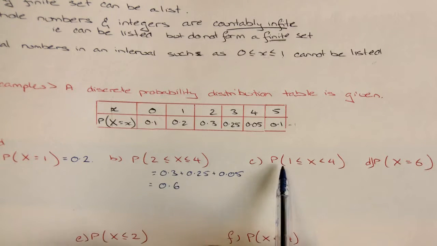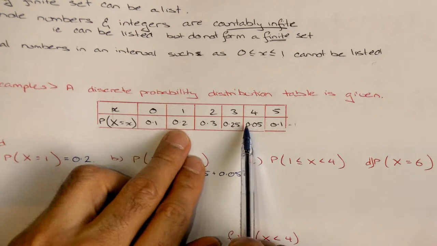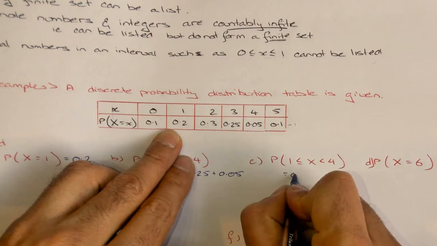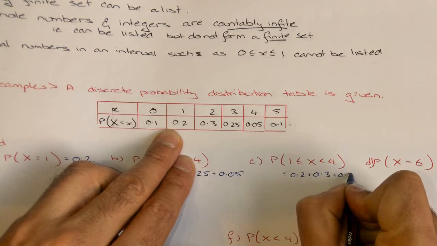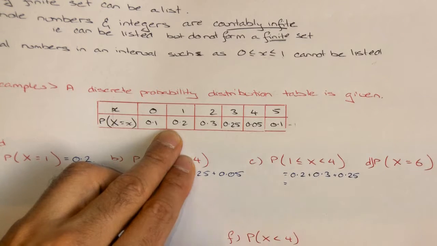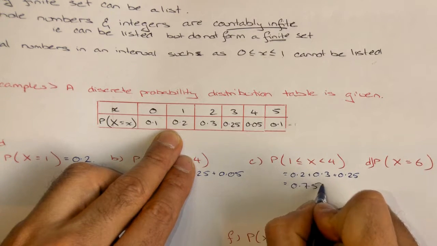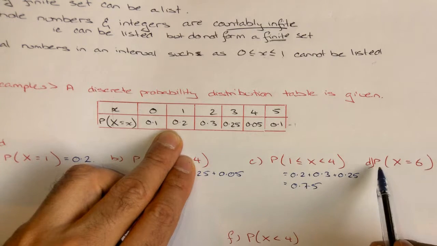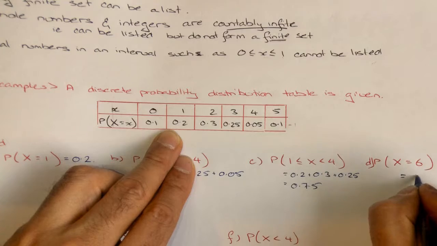If we want the probability of the value being from 1, including 1, all the way to 4, not including 4, we've got 0.2 plus 0.3 plus 0.25, which is 0.75. The probability of the value being 6: there's no 6 there, so it's 0.